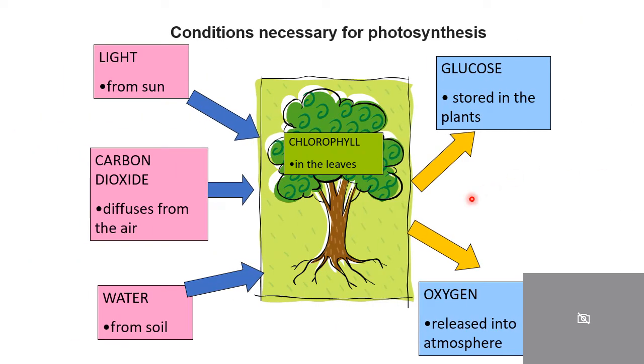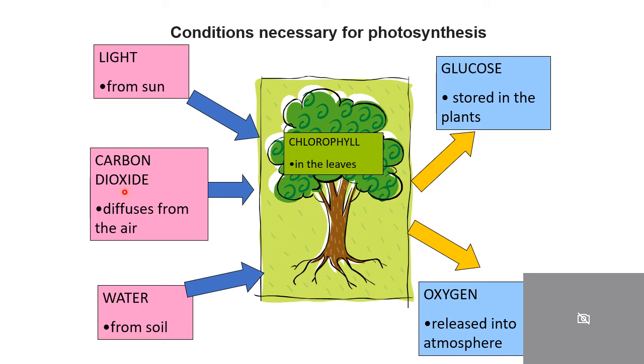Now there are a few conditions which are necessary for photosynthesis, that we have already learned in the first slide. First is the light which we get from the sun. Then second is carbon dioxide. From where do the plants get the carbon dioxide? From the atmosphere, which the other living organisms exhale during the breathing process, as well as during combustion, that is burning of various materials, which also releases carbon dioxide in the atmosphere.